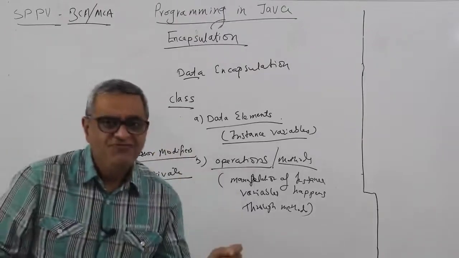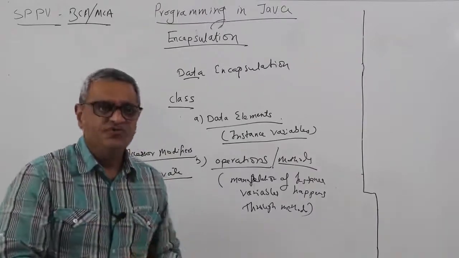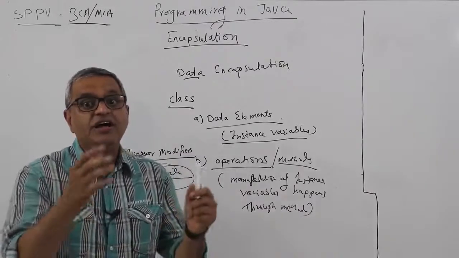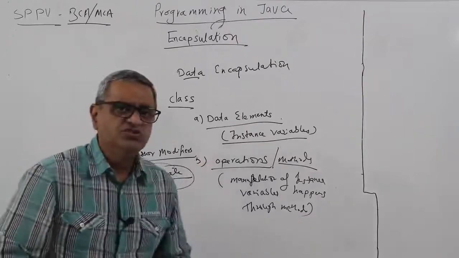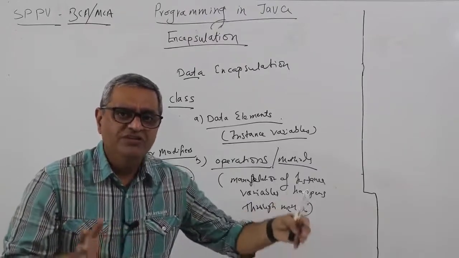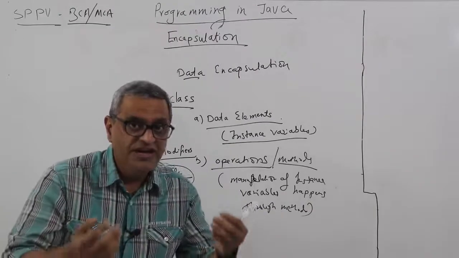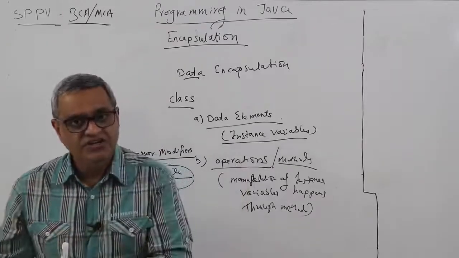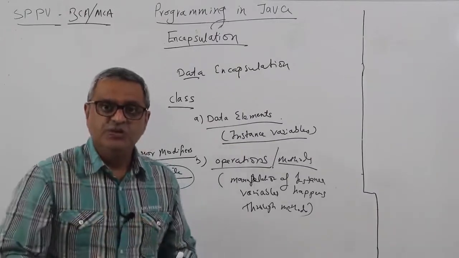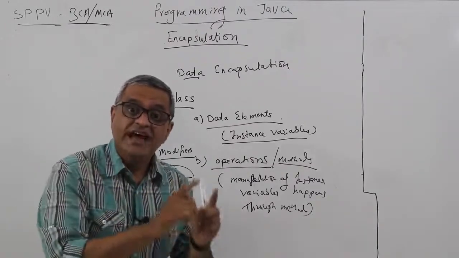If you have your data elements with access modifier as private, then you can achieve hiding of data. If my instance variables are private, then those instance variables are available only within the class. If I want to create an object outside of the class, in a different class, then those instance variables are not directly available to me in that class.